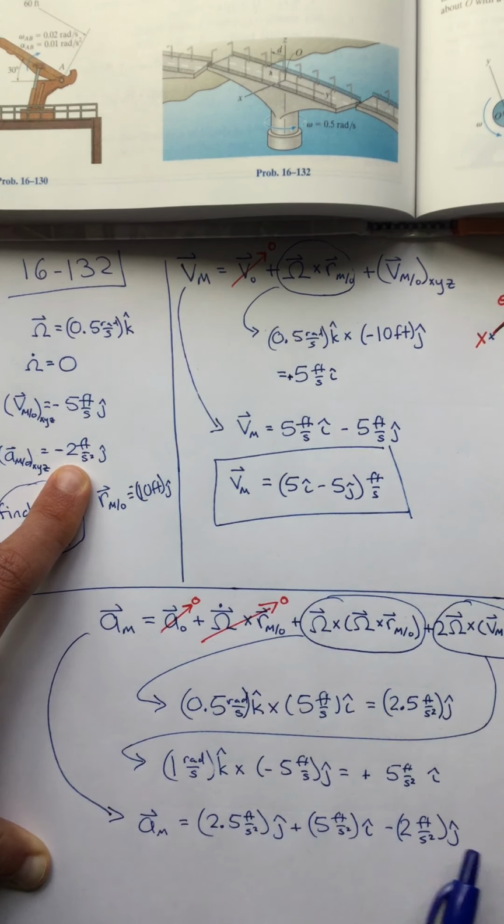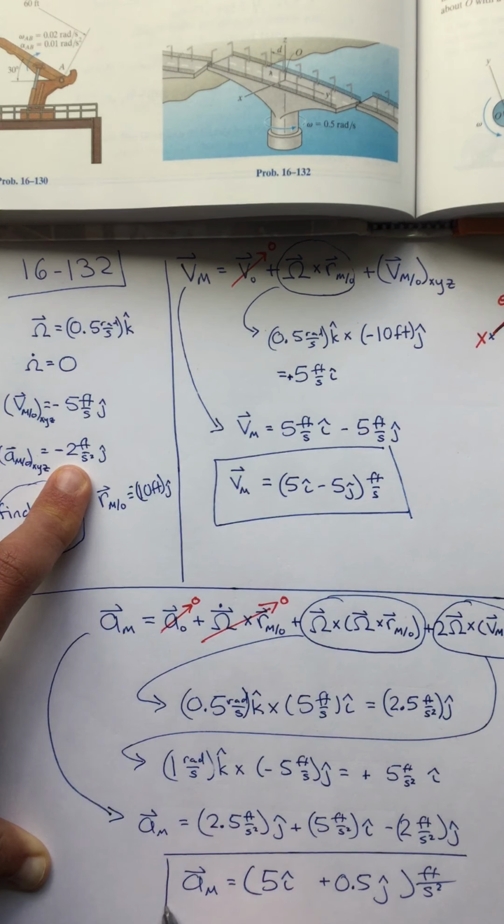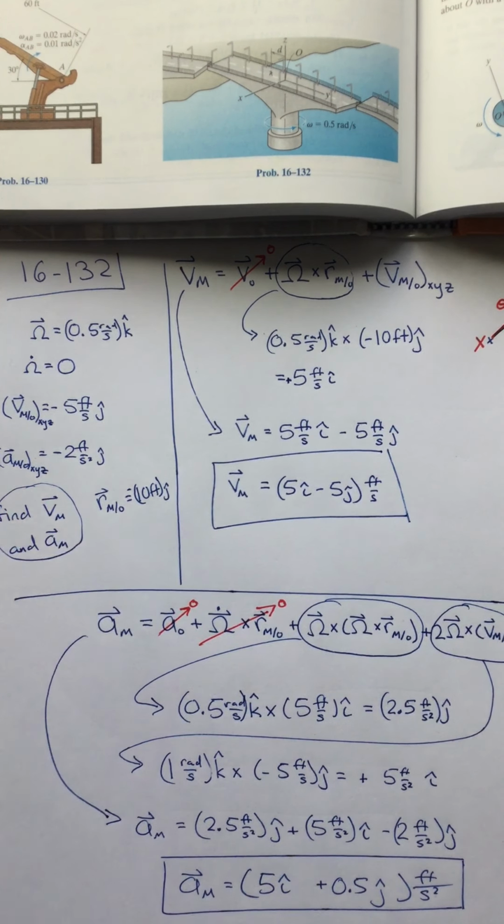The units in each term are the same, so I'm going to pull them out and put them at the end. So this is feet per second squared. I have 2.5 minus 2 for the j hat term, so that's 0.5 in the j hat direction, and in the I hat direction we just have 5. So that is the acceleration of the man.